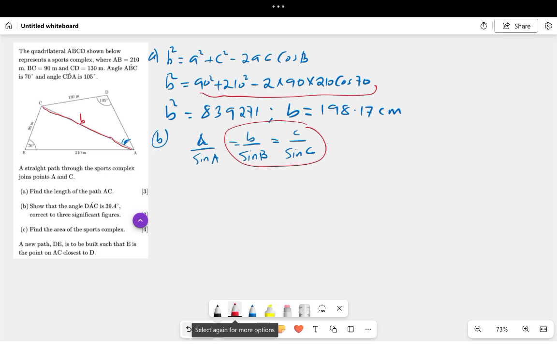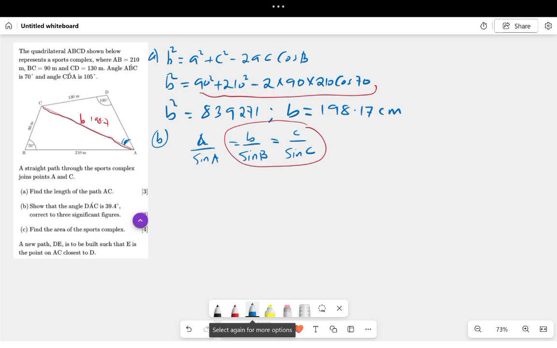Any two sides, actually. Now, for this case, we are going to take 198.17. So b is actually 198.17.